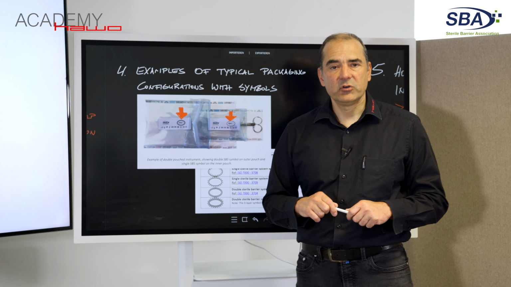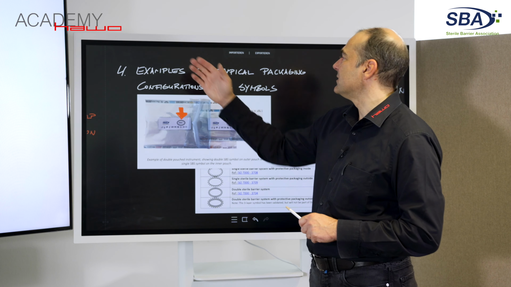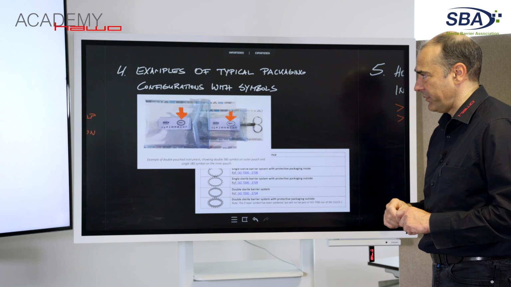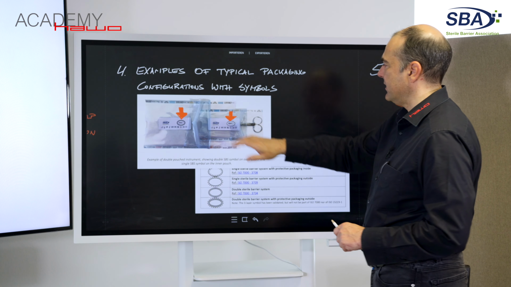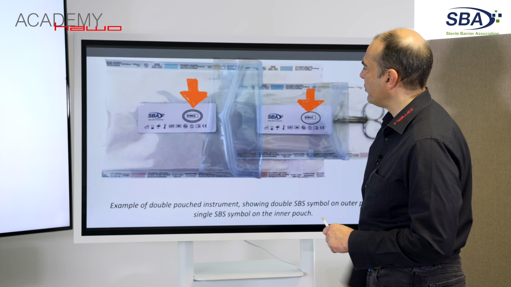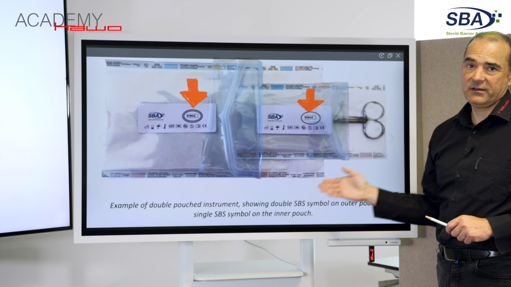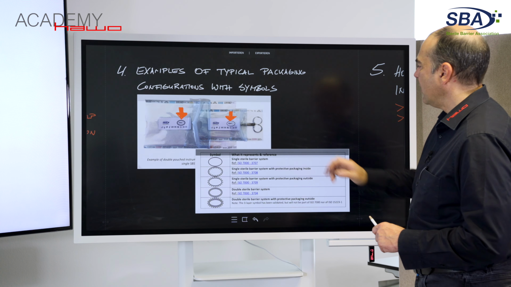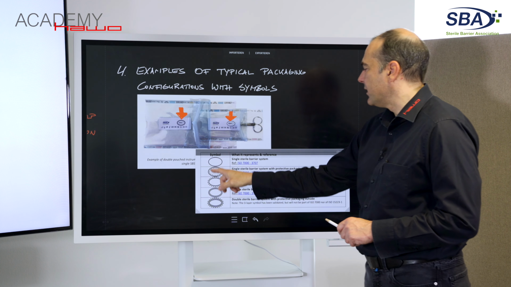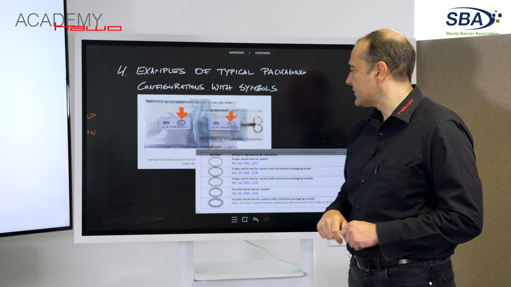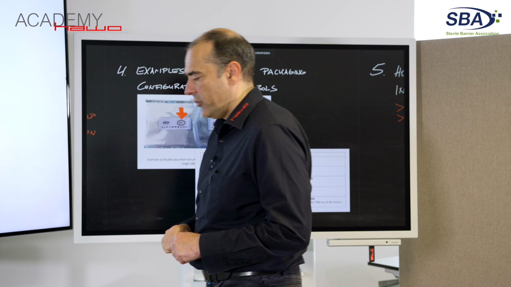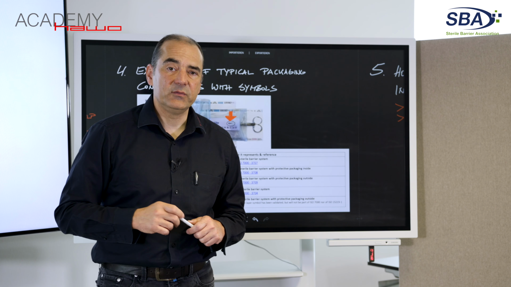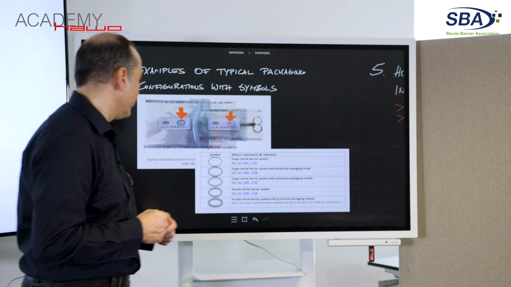The fourth topic or question deals with examples of typical packaging configuration with symbols, and as an example we brought to you here again the SBA example, and of course the different symbols with their norm reference that can also be retrieved from the SBA document.